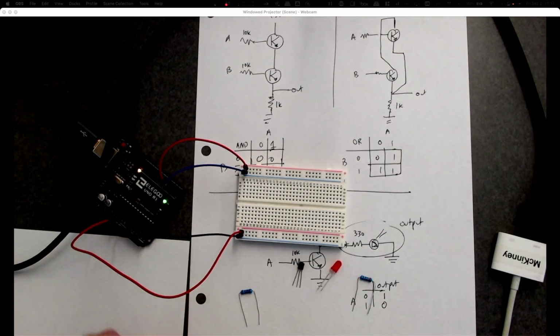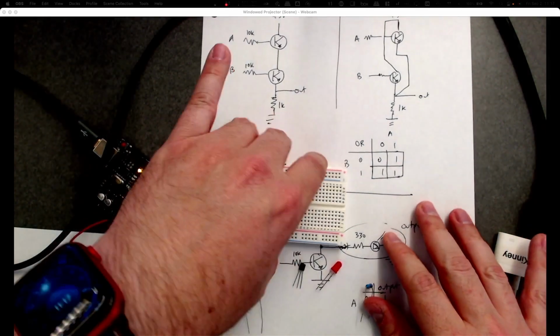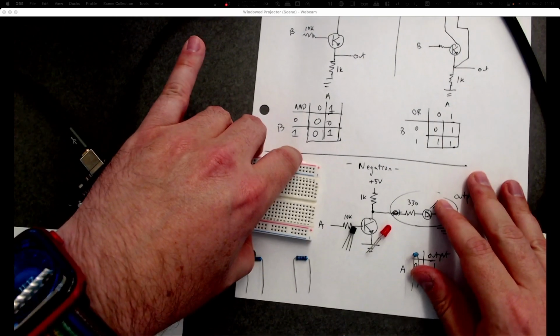So I've got my, see, that's the 1K, this is the 10K, okay. All right, so I've got my 1K resistor here, my 10K there, my 330 over here, one LED, and one transistor, okay? All right, so let's look at my diagram, which of course I'm conveniently covering up.